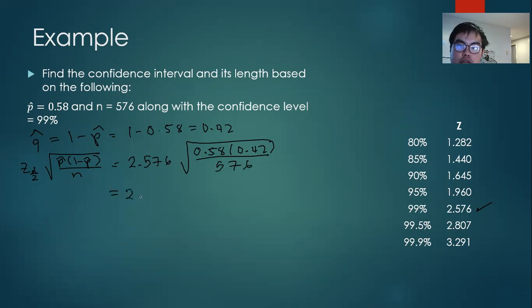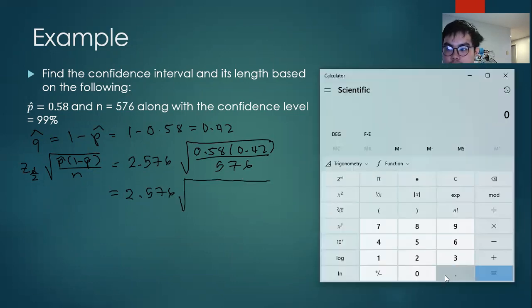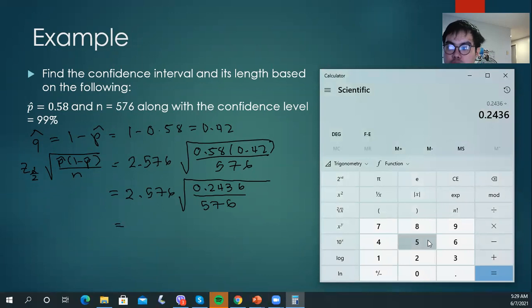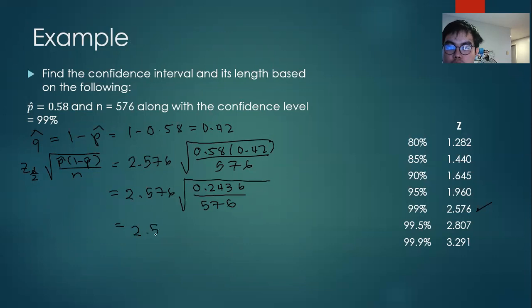We are going to multiply 0.58 with 0.42, so it will become 0.2436 over 576. Now we're going to divide what's inside the square root, times 2.576.